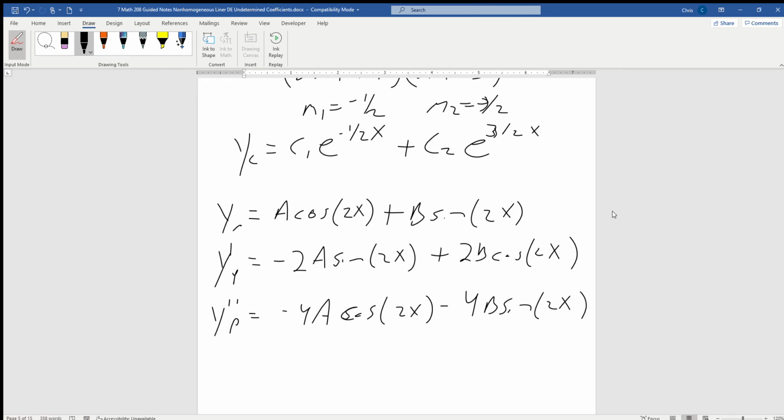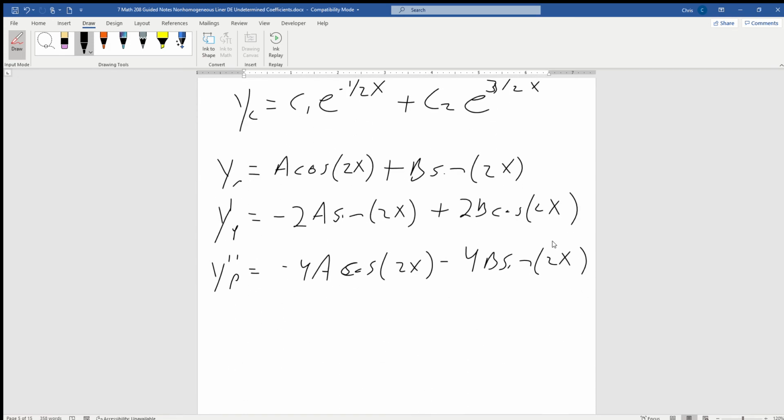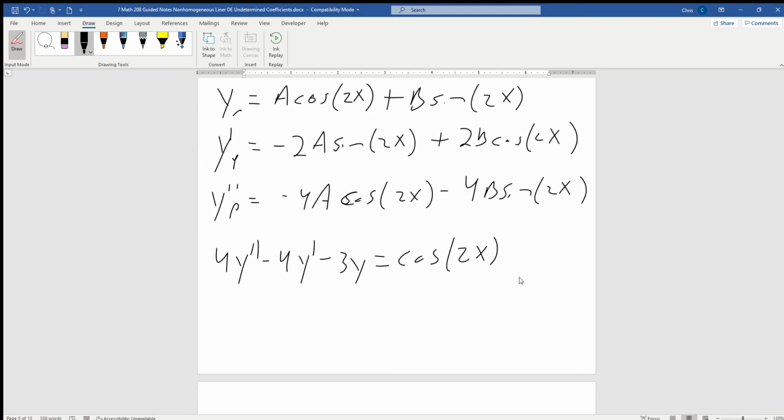And now what we're going to have to do is substitute everything back in. Okay, so now remember the original differential was 4y double prime minus 4y prime minus 3y is equal to cos 2x. And so we're just going to substitute all of the above. We might be able to combine some like terms.